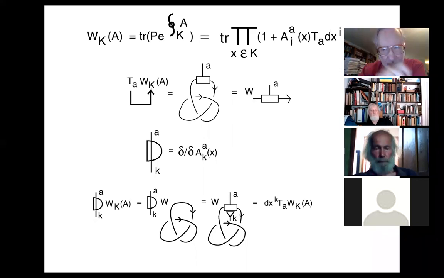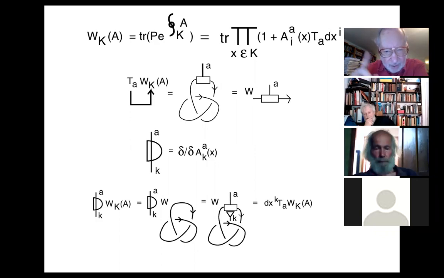Going up to the Wilson loop at the top of the slide, differentiating it in the A_k at a particular x place means knocking that out. The 1 goes away and you just get T^a dx^i. So you insert into the line at a certain point a T^a and a dx^k, whichever, and that's what's indicated at the bottom here.